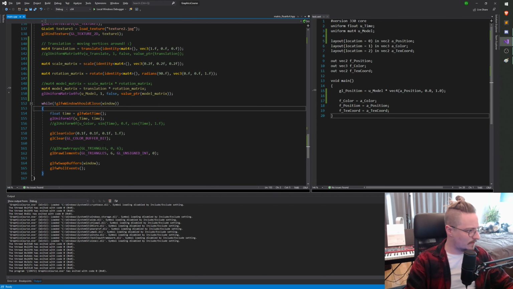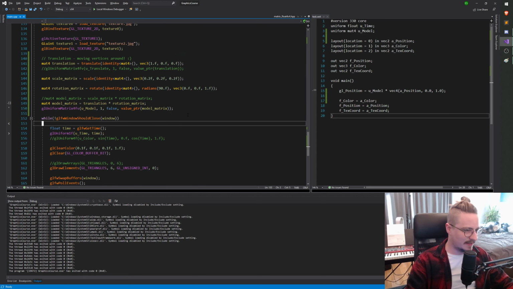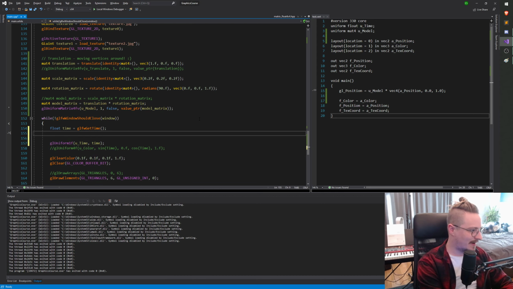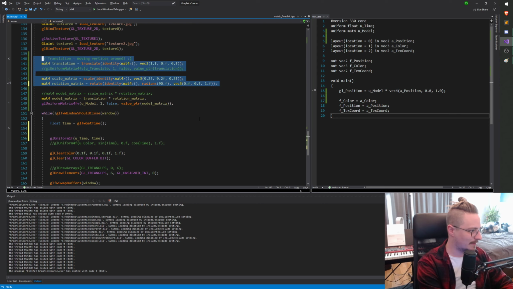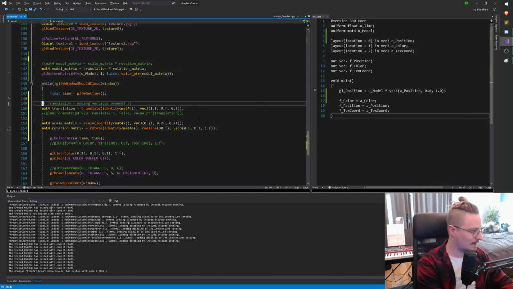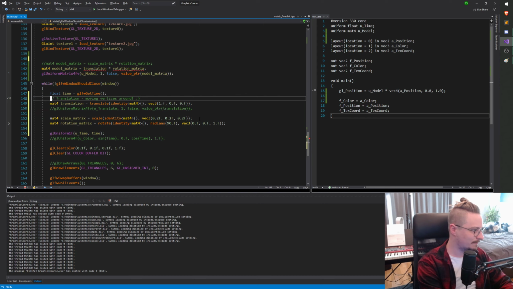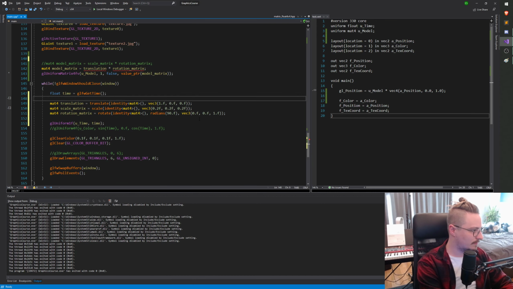So, great. What if we animate this a little bit just to make it a little bit more pleasant to look at and a little bit more fun to work with? So I am going to make my matrices over here instead. So I'm just going to move all of this into the tick or the loop. And we're always going to translate by 0.8.